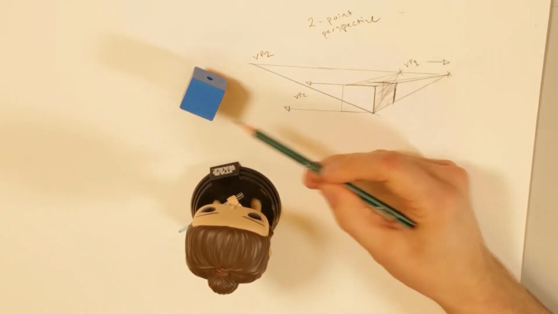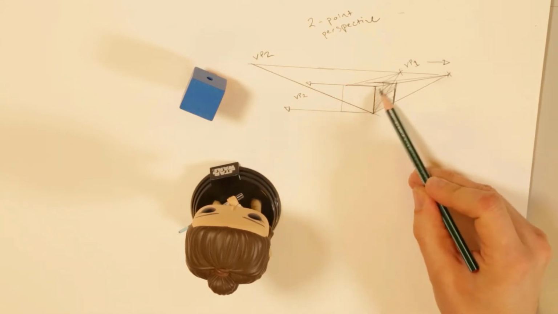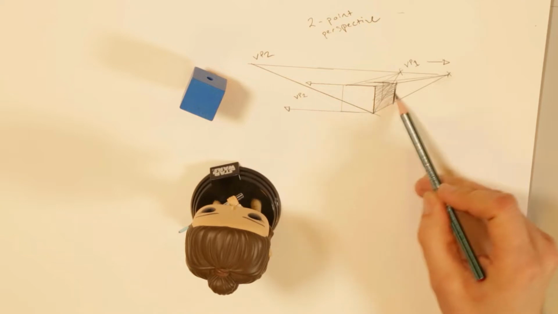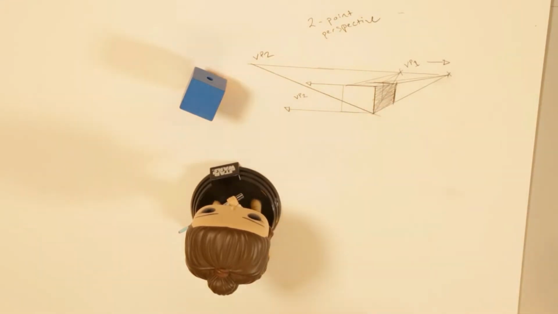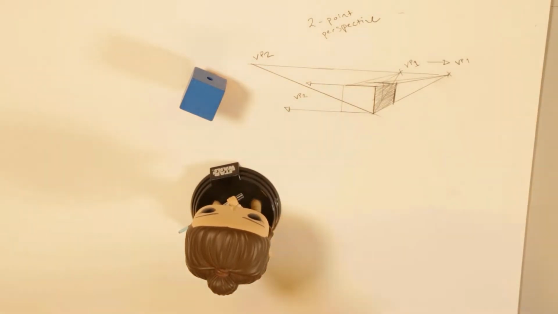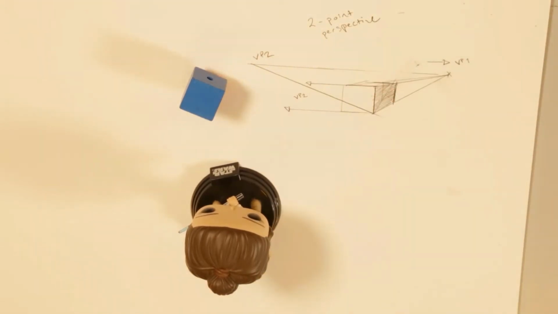The edge here is still towards us, and now we have a newly formed right side with the VP1. But because the VP2 has also crossed the horizon line, we need to change the left side of the cube.